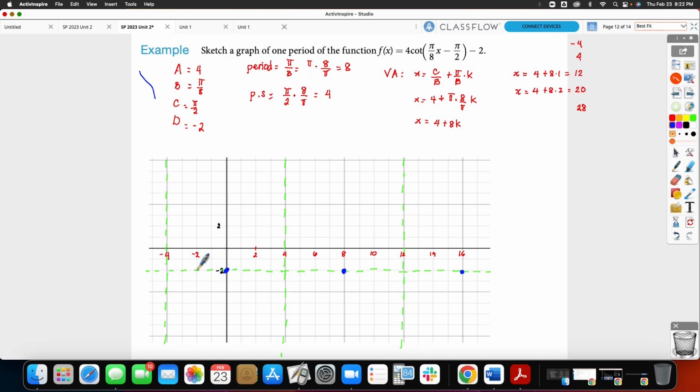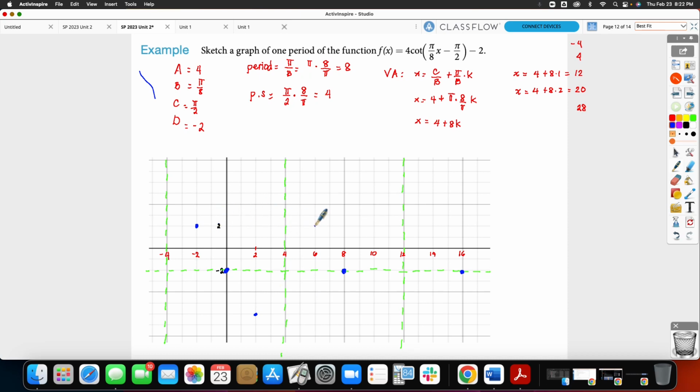Midpoint is here, and then we go up 4: 1, 2, 3, 4. Then the midpoint between the midline intercept and this asymptote is right here. We count 4 units as well: 1, 2, 3, 4.